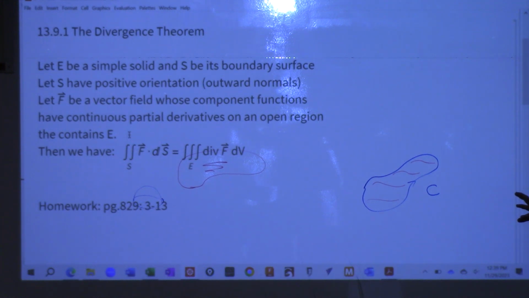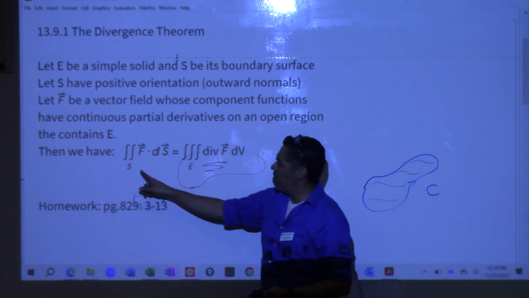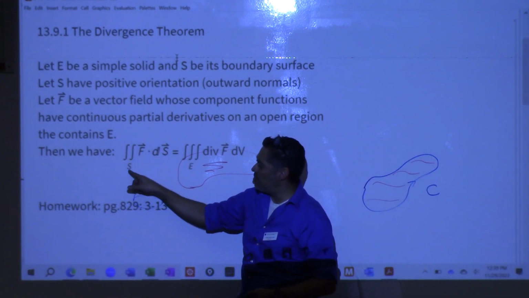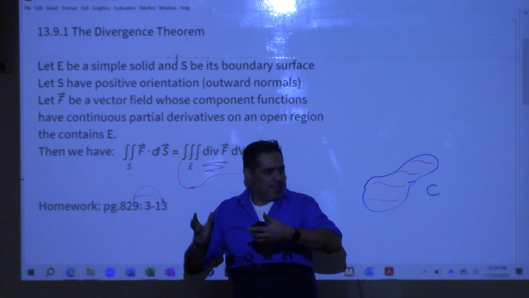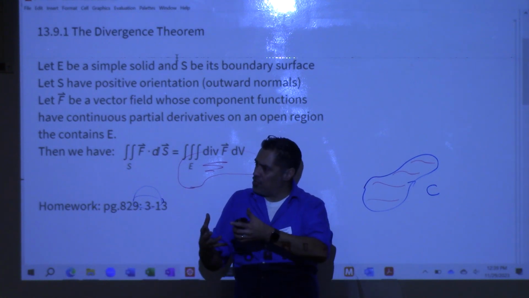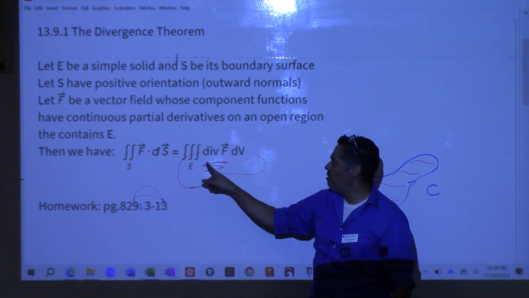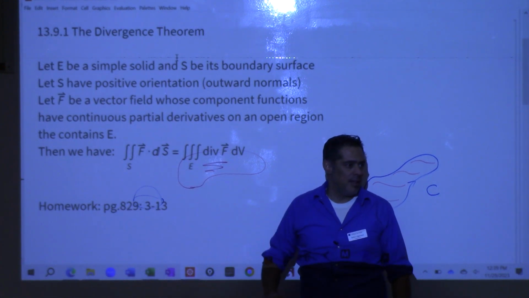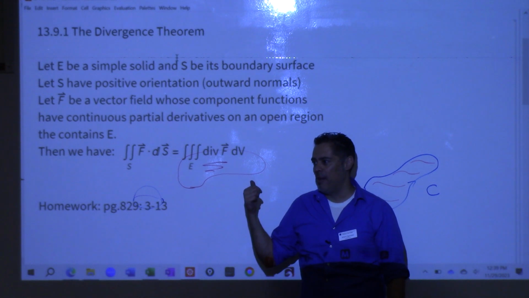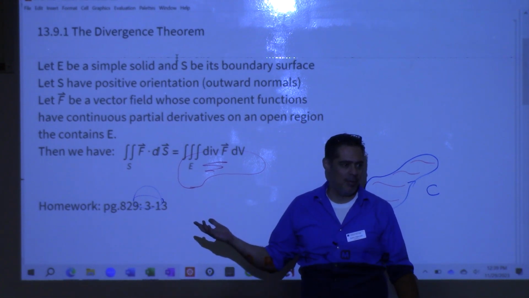We can look at those as solids. And the divergence theorem says, you know what? Instead of doing the flux over that surface and having to do all 4 surfaces, as long as that's a solid shape, we can do a triple integral over that solid using the divergence, and you get the same answer. And then that problem that we do is going to become simple.